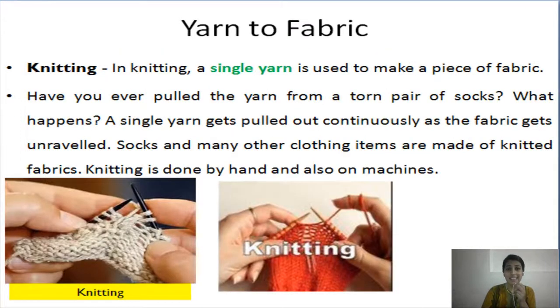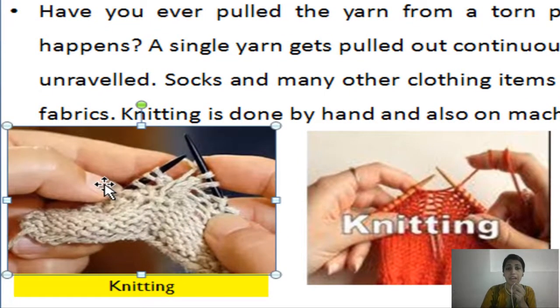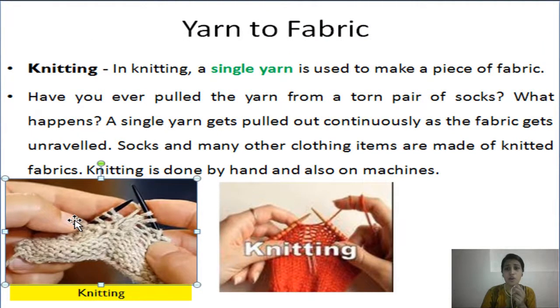Second is knitting. In knitting, a single yarn, only one thread, is used to make a piece of fabric. See this figure, first figure, knitting. Have you ever pulled the yarn from a torn pair of socks? What happens?